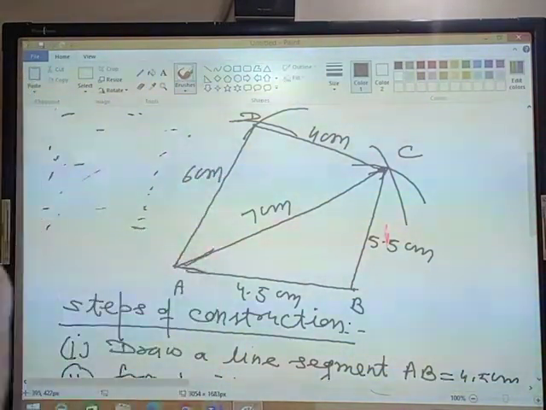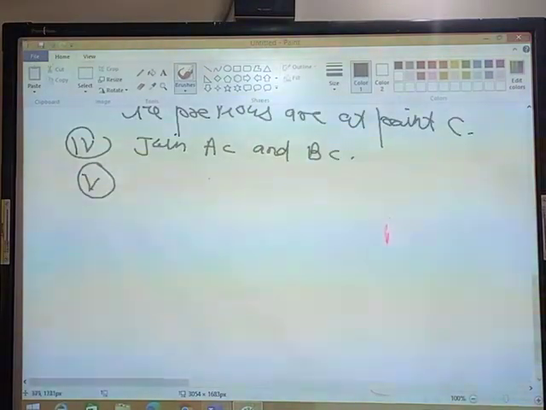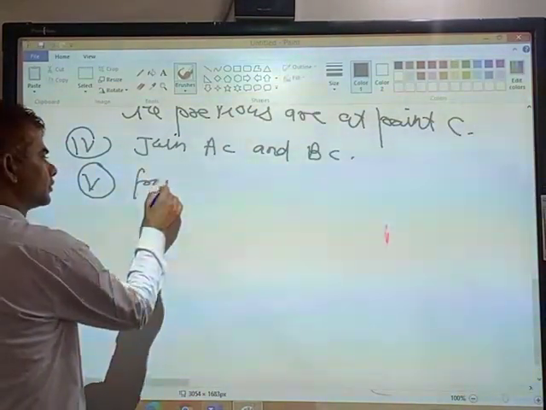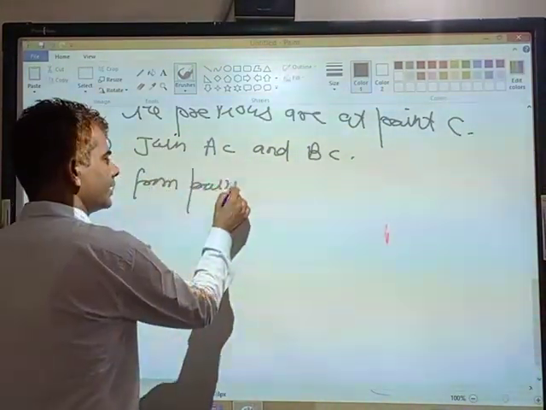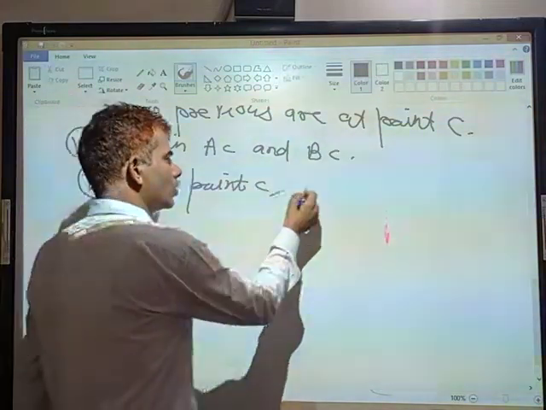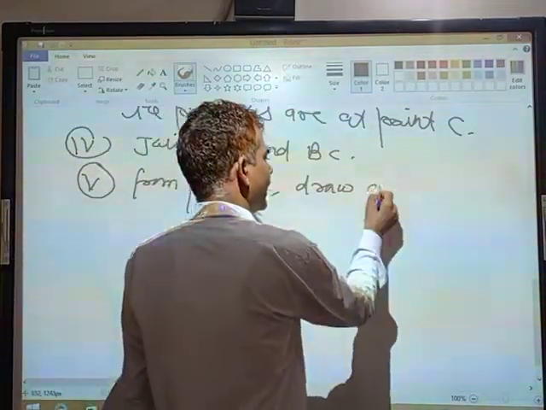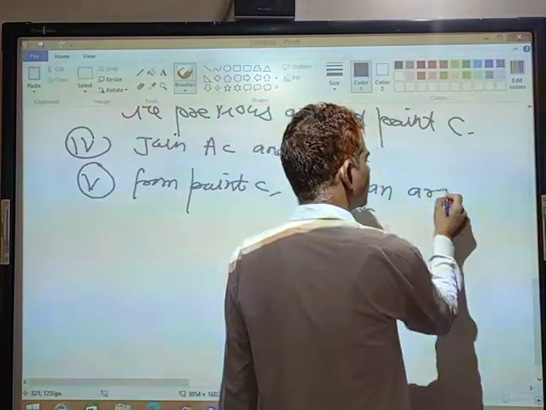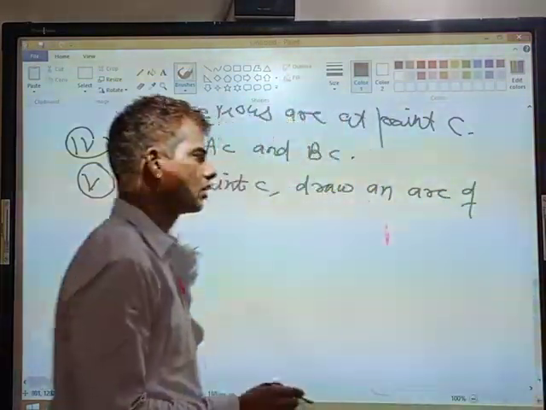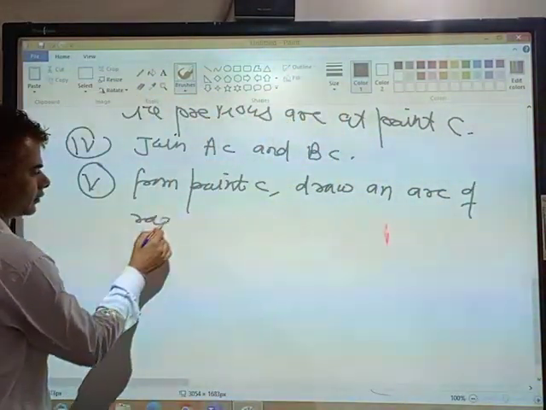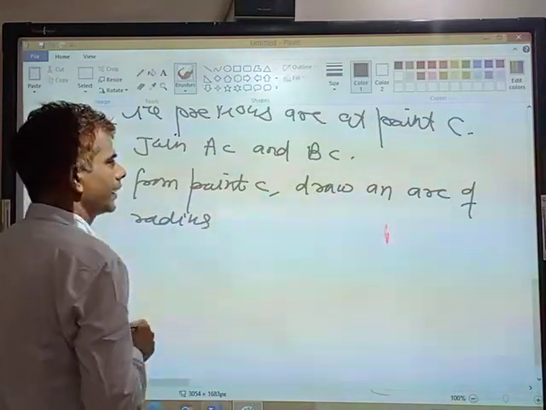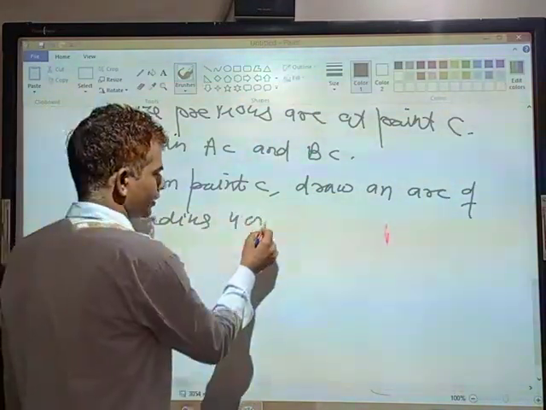From point C, draw an arc of radius 4 centimeter.